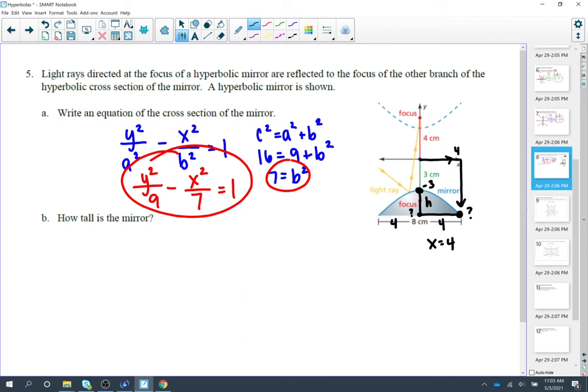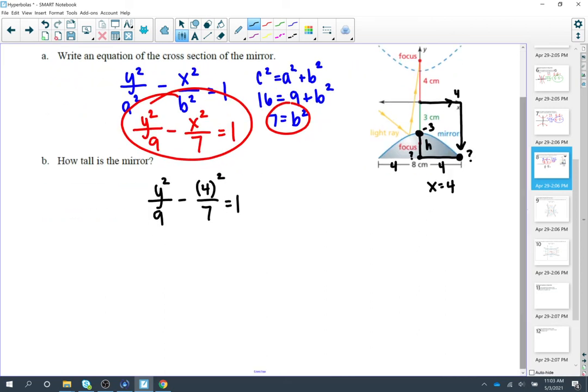In order to find that, I'm going to use my equation. So we had y squared over 9 minus x squared over 7, where we substitute in a 4, equals 1. Then we're going to have y squared divided by 9 minus 16 over 7 equals 1. We're going to add 16 over 7 to both sides.